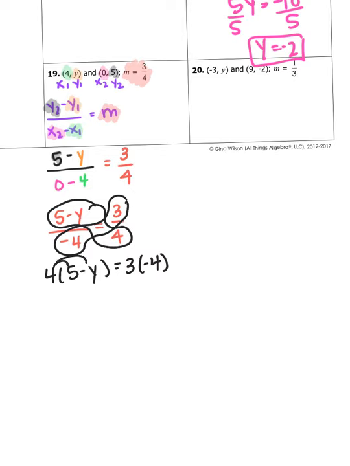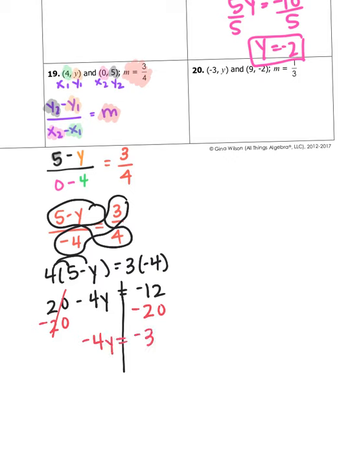So next thing is to distribute, so 4 times 5 is 20, 4 times y is 4y, and then 3 times negative 4 is negative 12. We'll finish solving this for x, or y, sorry. We're going to subtract 20 from both sides. That subtraction sign will turn into a negative. So now we have negative 4y equals negative 32. Then I'll divide by negative 4. And negative 32 divided by negative 4 is positive 8. So my answer is y equals 8.